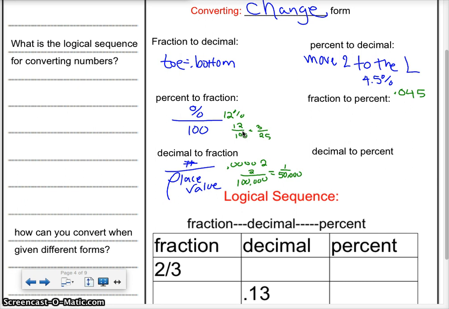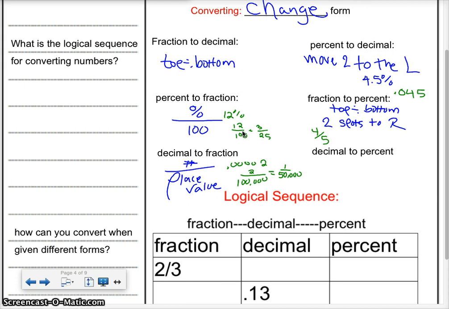In a fraction, turn that to a percent. Top divided by bottom, 2 spots to the right. So we go top divided by bottom, and then you move it 2 spots to the right. For example, let's pretend that you got 4 out of 5 on your homework.